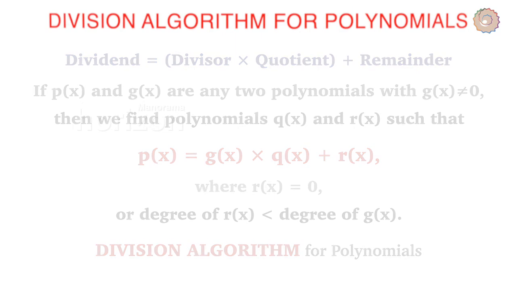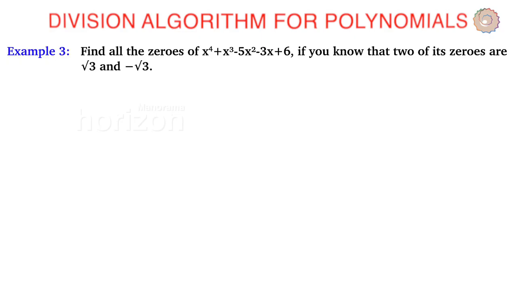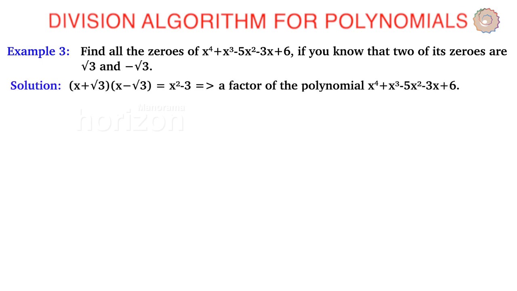Let's see another example. Find all the zeros of x^4 + x^3 - 5x^2 - 3x + 6, if you know that two of its zeros are root 3 and minus root 3. Since two zeros are root 3 and minus root 3, (x + root 3)(x - root 3) = x^2 - 3 is a factor of the given polynomial x^4 + x^3 - 5x^2 - 3x + 6.